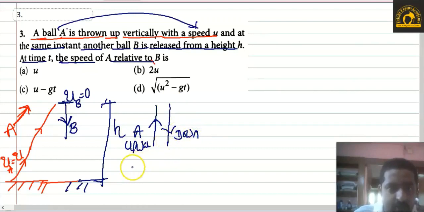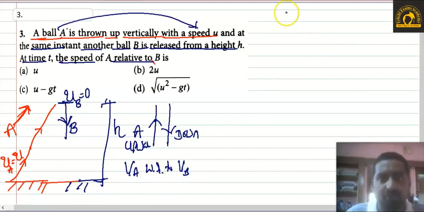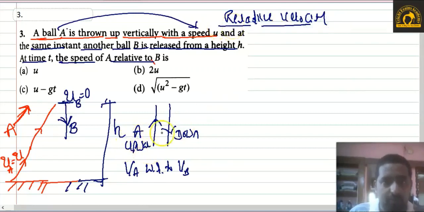So what is the velocity of A with respect to B? What is the concept? The concept is relative velocity: the velocity of one body with respect to the other body. The relative velocity of A with respect to B, what is the direction?